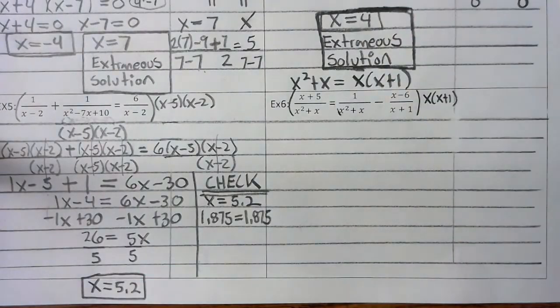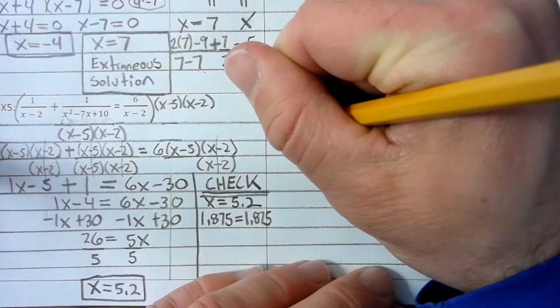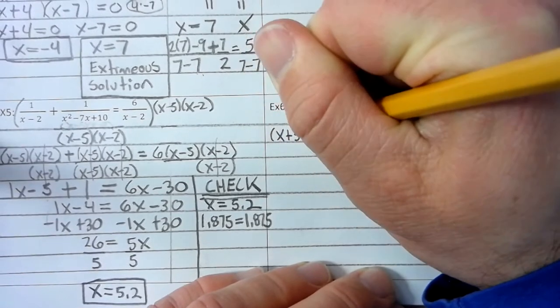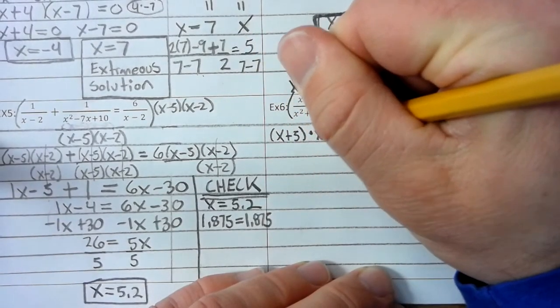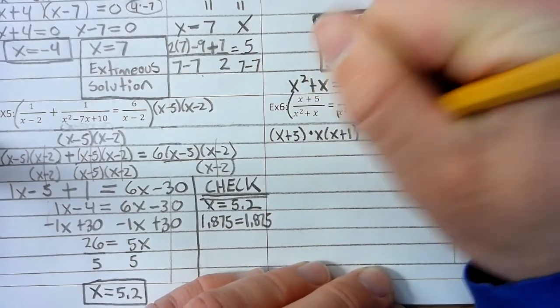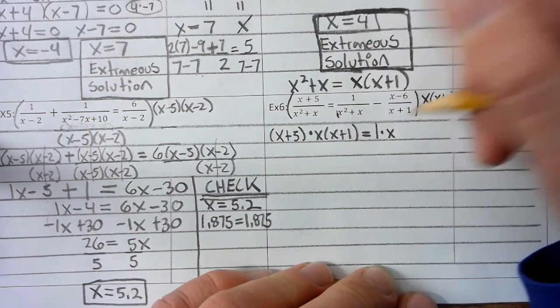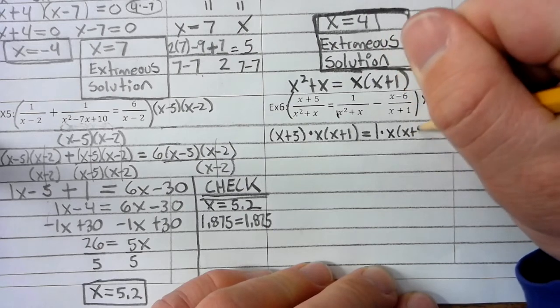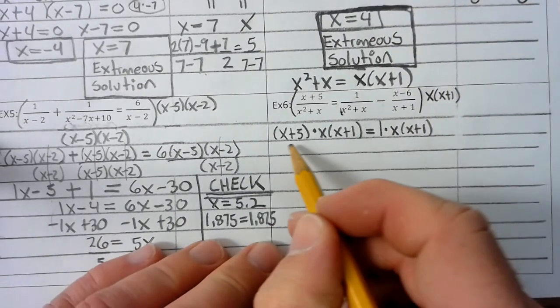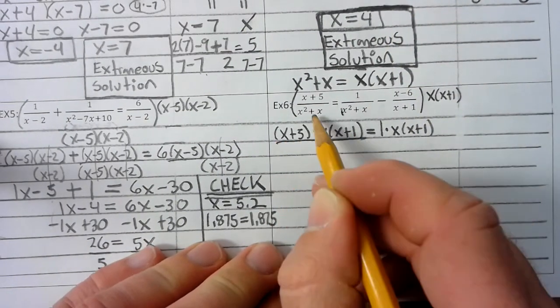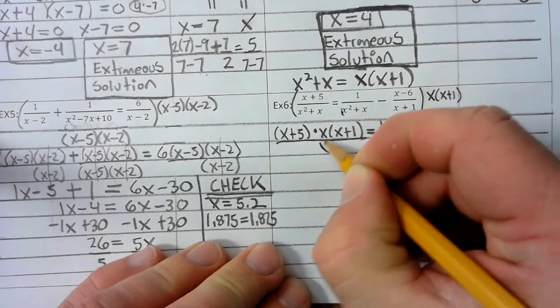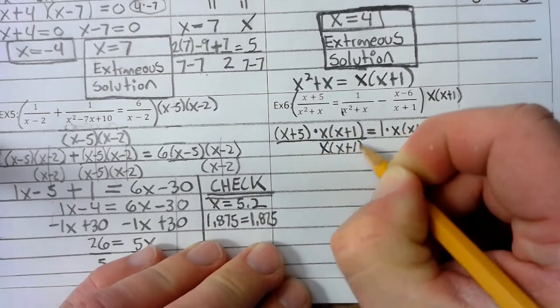So then that's (x + 5) times (x + 1) equals 1 times (x + 1). I almost forgot, this is divided by, and you're not going to want to write x squared plus x. You want to write it as x times (x + 1).